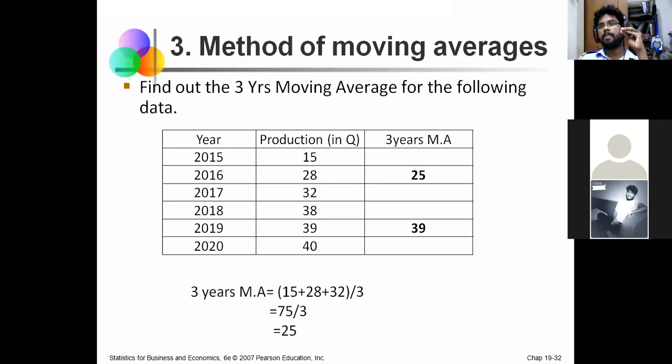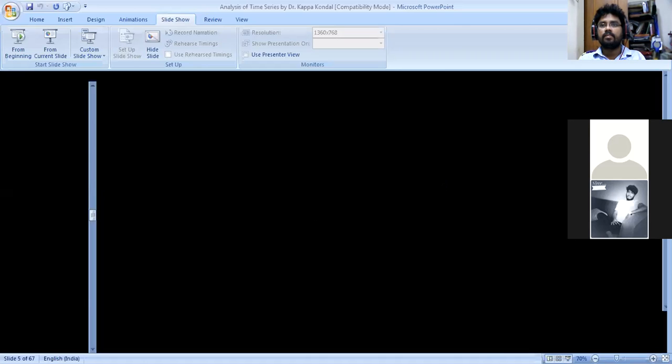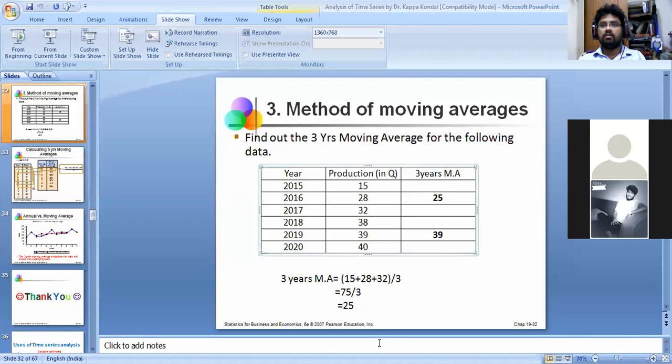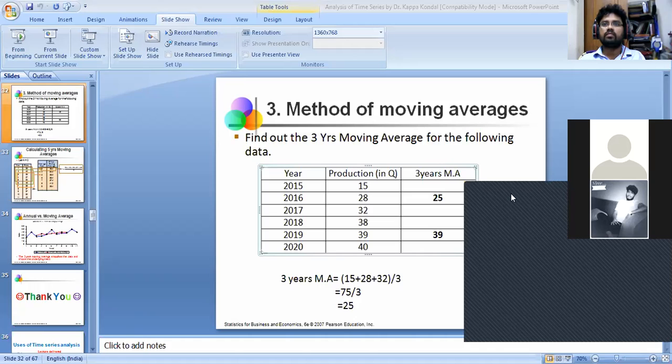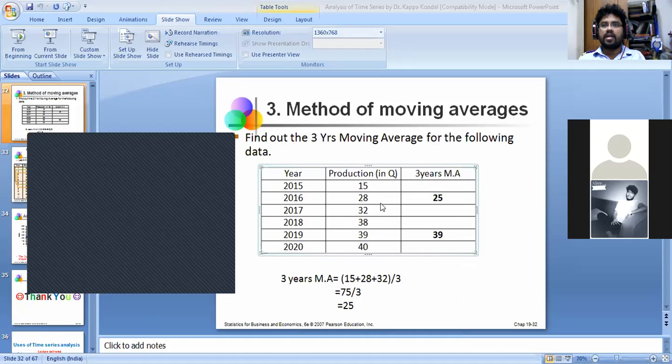Right? Then we calculate for 28, 32, 38. You can find the moving average: 28 plus 32 plus 38 divided by 3.